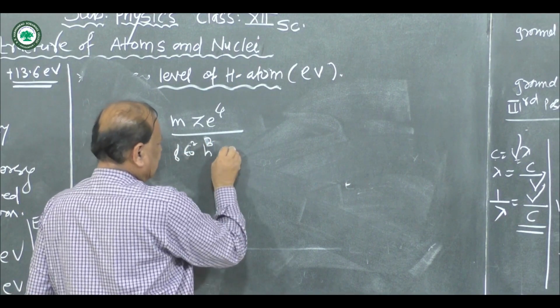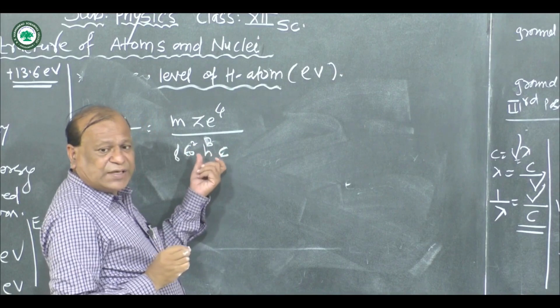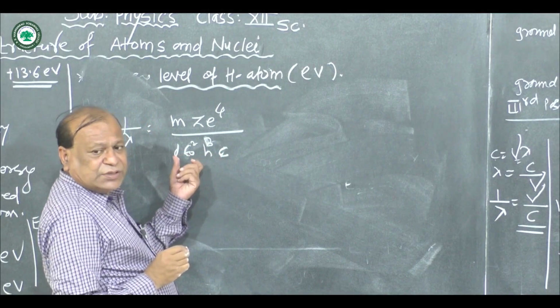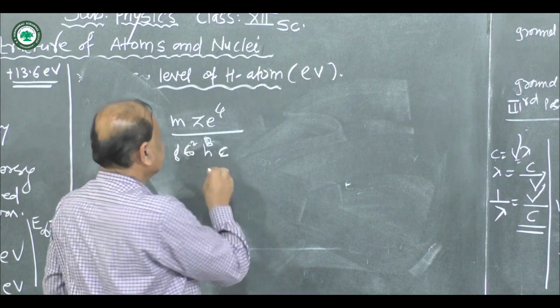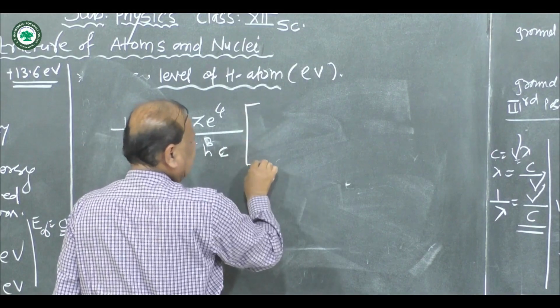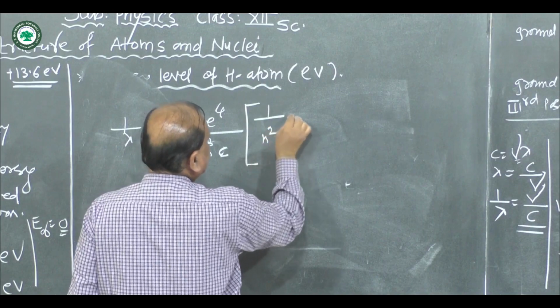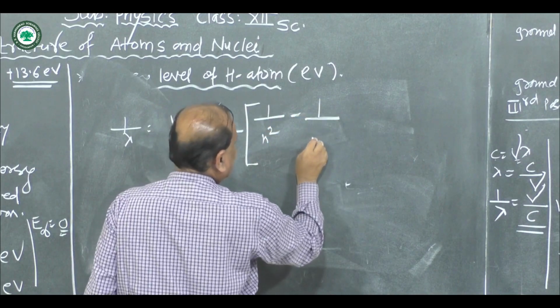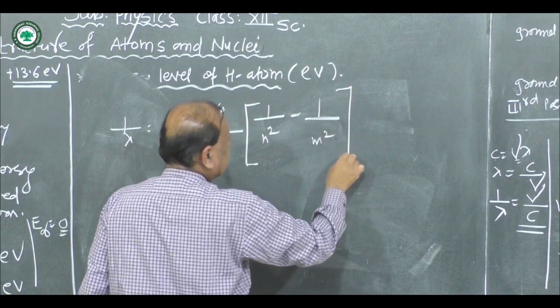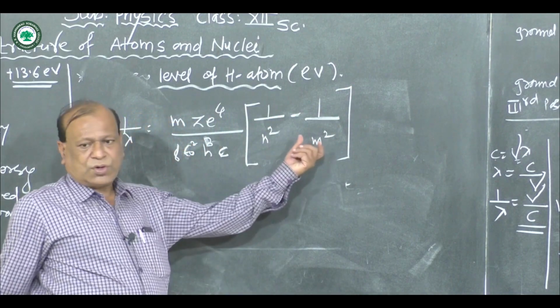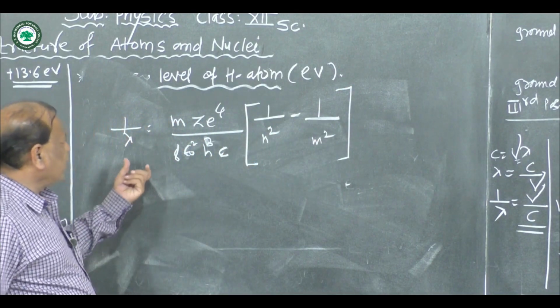Here c is the velocity of light in air, 3 into 10 raised to 8 meter per second. Then in the bracket we write 1 upon n square minus 1 upon m square, where m is the outer orbit and n is the inner orbit.